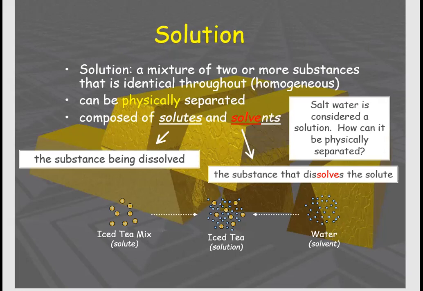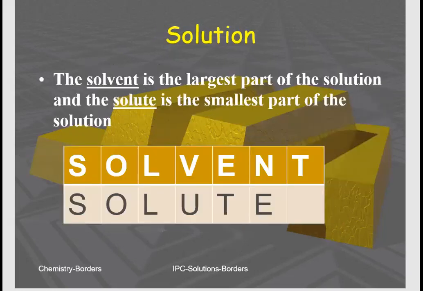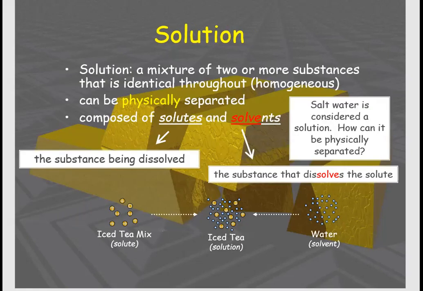Because the iced tea powder is being dissolved in the water. So the solvent is the largest part of the solution and the solute is the smallest part of the solution. Water is the universal solvent.